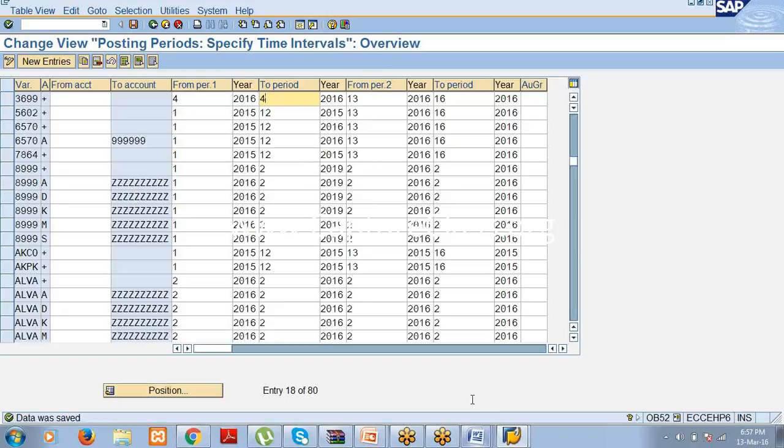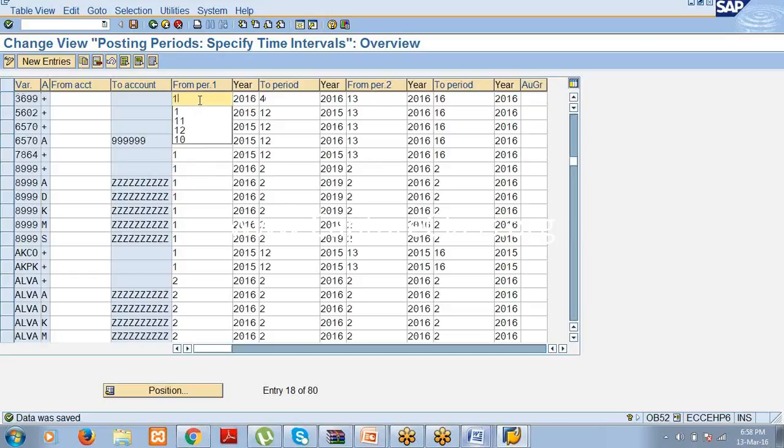As a result, we can ensure that the business transactions are posted into correct posting periods. So these are the values defined in the posting period variant. Here, this variant 3699, these are the values you have defined, right? And this variant was assigned to our company code. That's why these posting periods are applicable to our company code.